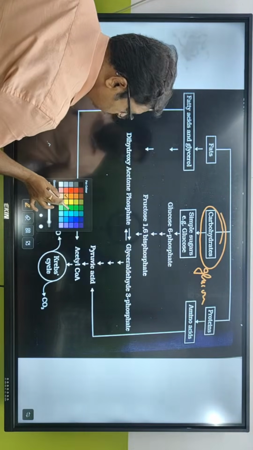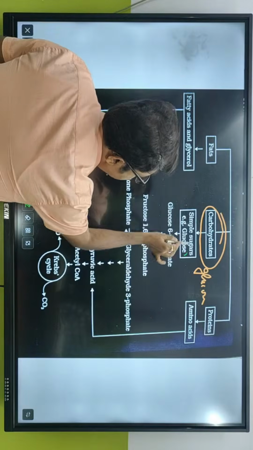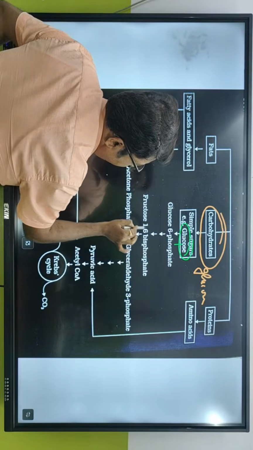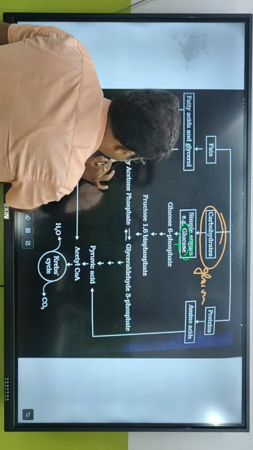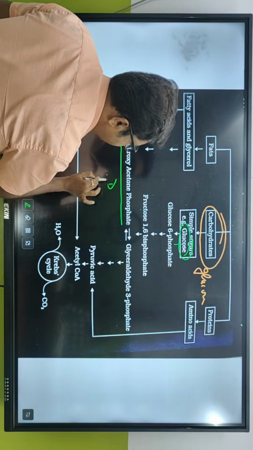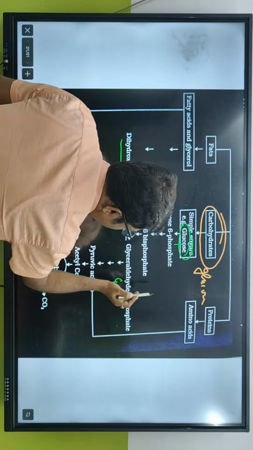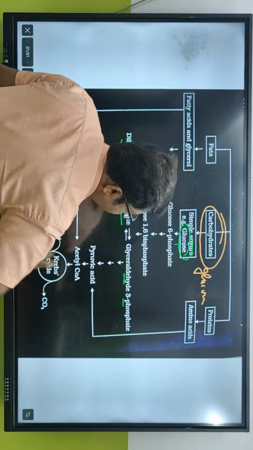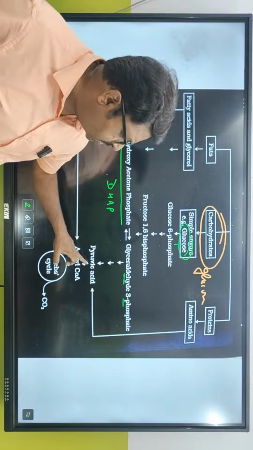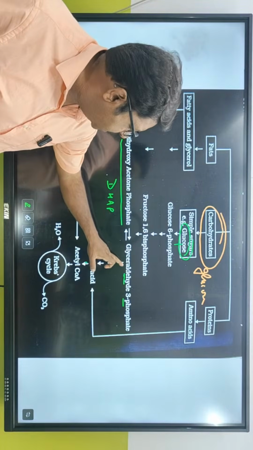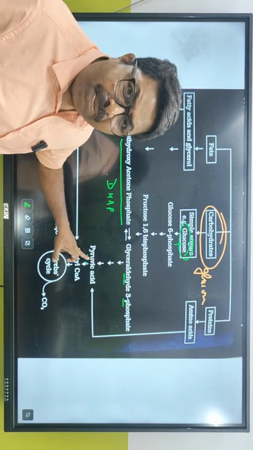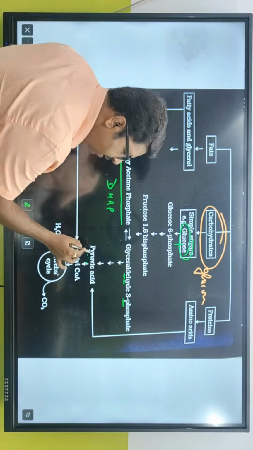From this glucose, it forms glucose 6-phosphate, fructose 1,6 bisphosphate. This is dihydroxyacetone phosphate, which is called DHAP, and this is glyceraldehyde 3-phosphate, that is called triose phosphate. Ultimately it forms into pyruvic acid.